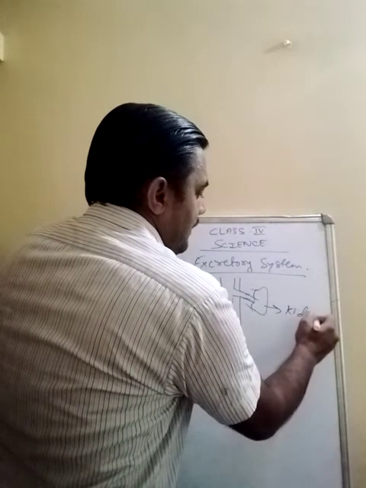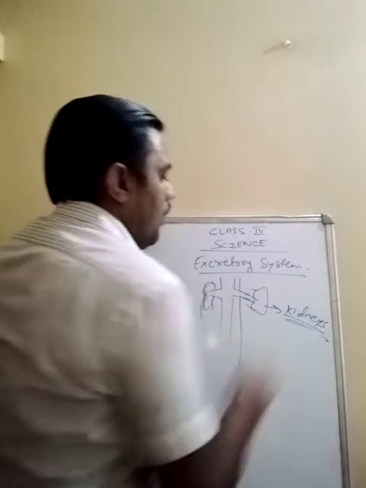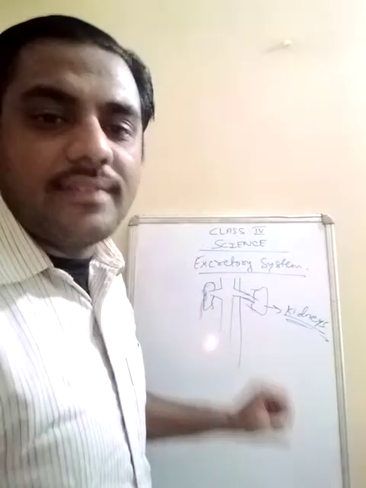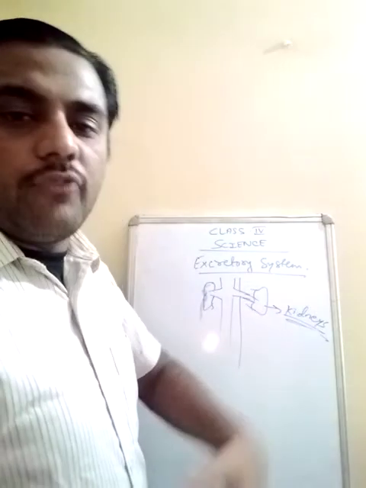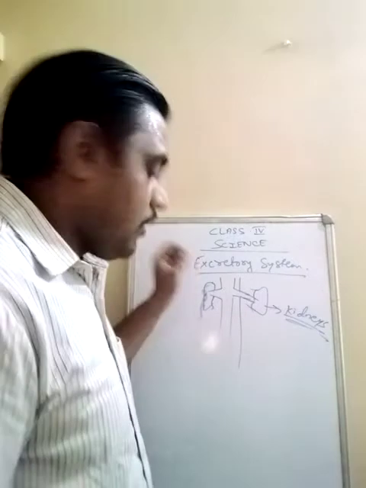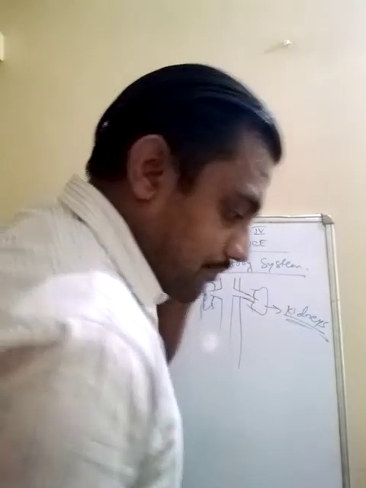Now remember, kidneys are the main organs of excretory system. Like stomach is the main organ for digestive system, kidney is the main organ for excretory system.